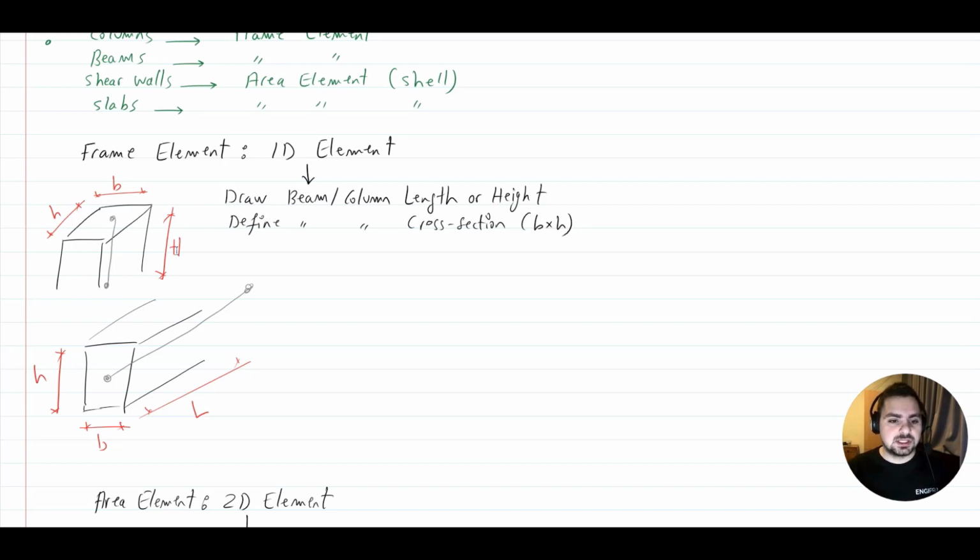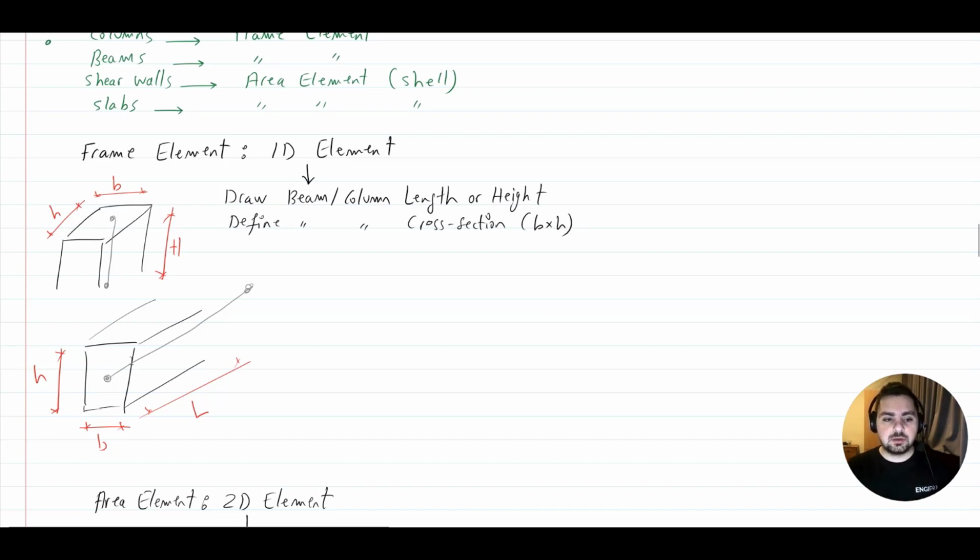So what we do in AutoCAD is draw our big H, and using our software, we will define our B and our small h. Same for our beam. In our beam, we are going to draw our L, and using our software, we are going to define our small h and our B.